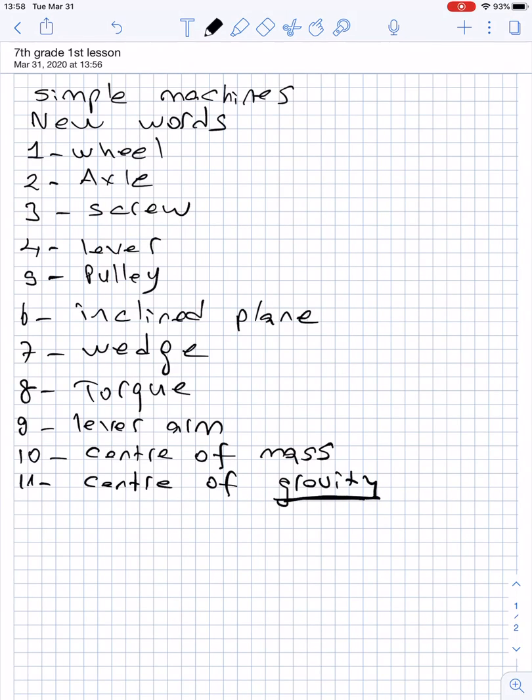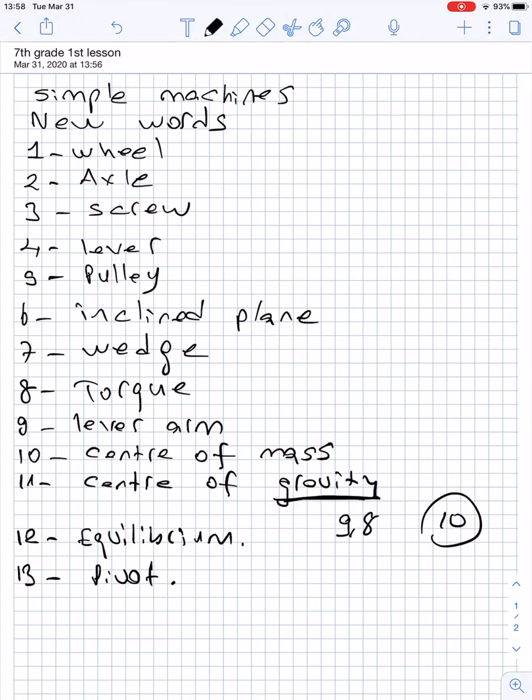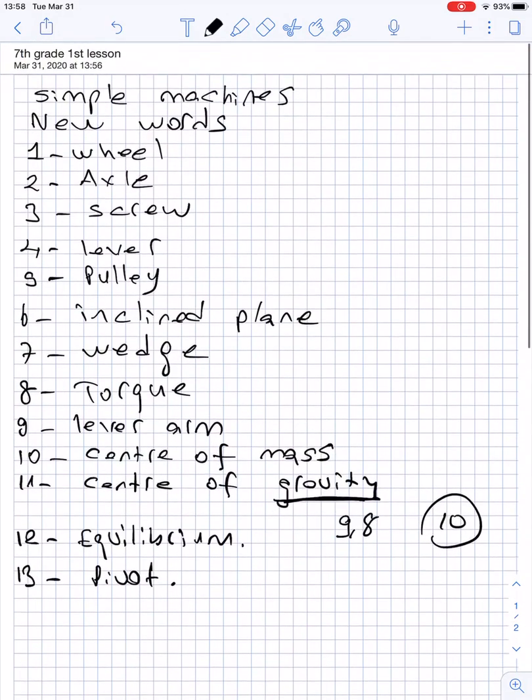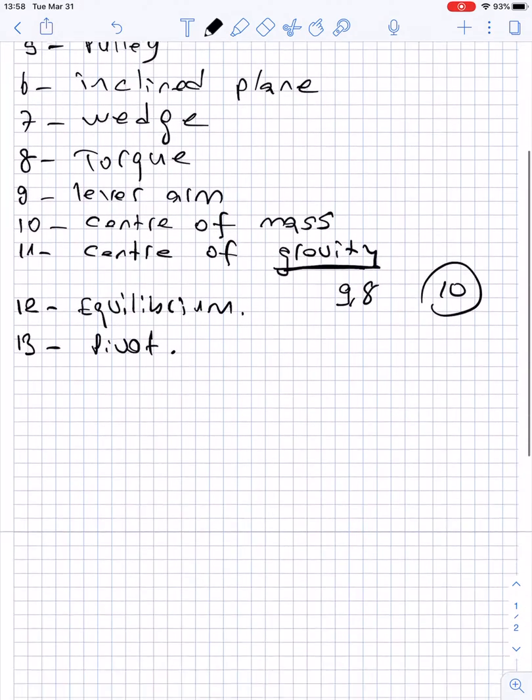And we know actually gravity is 9.8, but when we solve the questions we will take 10. Okay? 10 is easy. Twelfth, equilibrium. And our final new word, pivot. Okay, those are our simple machines.